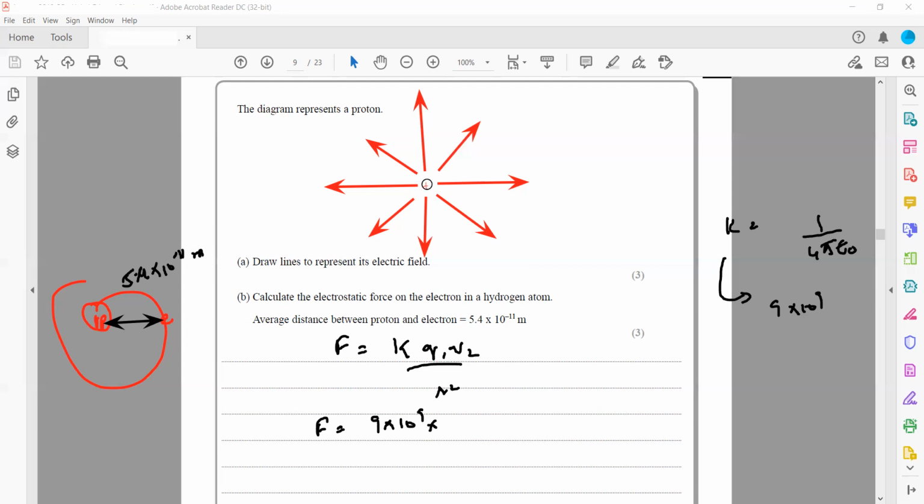Proton and electron have identical charge magnitude, 1.6 into 10 to the power minus 19. So it will be 1.6 into 10 to the power minus 19 twice, divided by the square of the distance between them, 5.4 into 10 to the power minus 11, whole squared. When we substitute these values, our force comes out as 7.9 into 10 to the power minus 8 Newton. Is it clear?